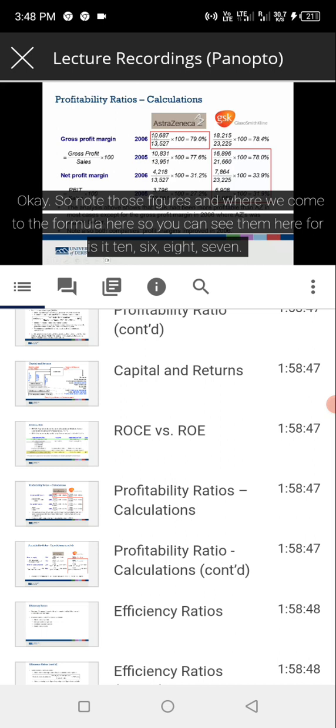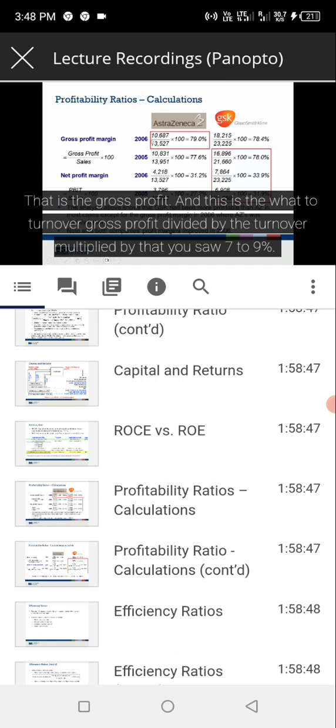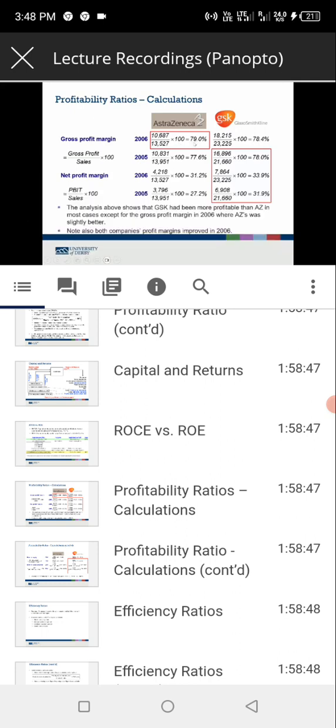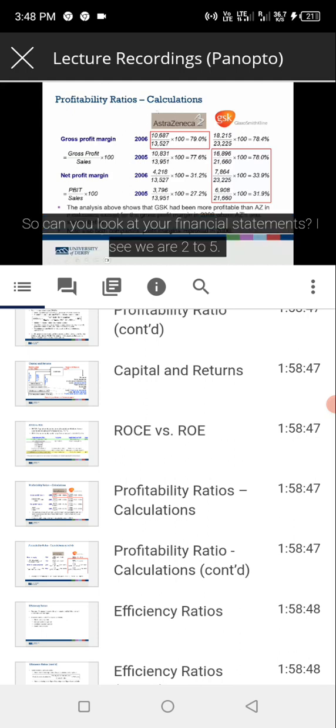When we come to the formula here, you can see them. For AZ, 10,687 is the gross profit, and this is the turnover. Gross profit divided by turnover multiplied by 100 gives you 79% for 2006. For GSK in 2006, we have 18,215. Can you look at your financial statement and see where the 18,215 is coming from?